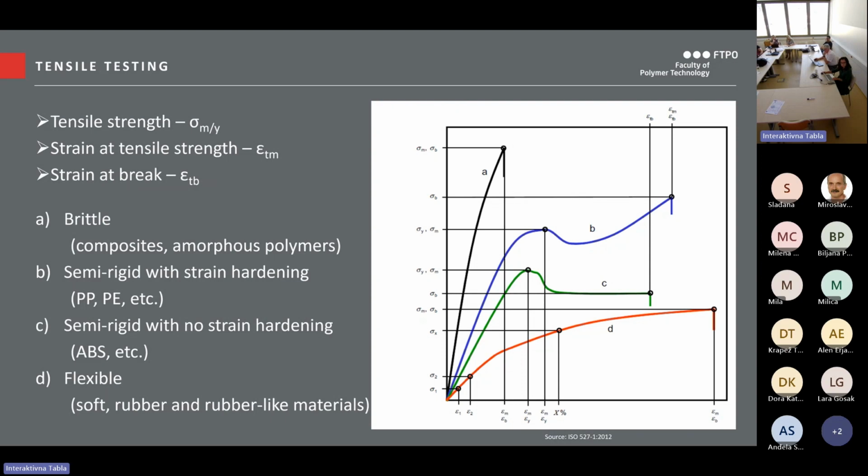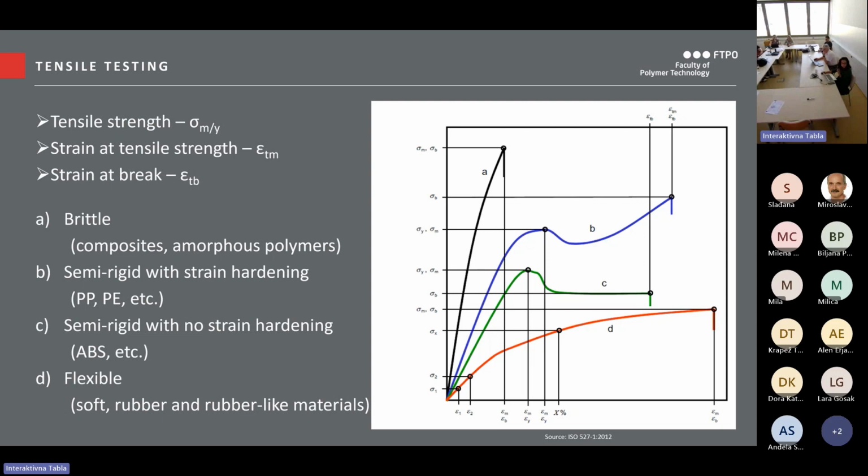The quantities that we are interested in with tensile testing are, first, tensile strength. Tensile strength is given as the first maxima on the curves, or in case of the D-shaped curve, where we don't have maxima, it's usually given as tensile strength at certain strain.